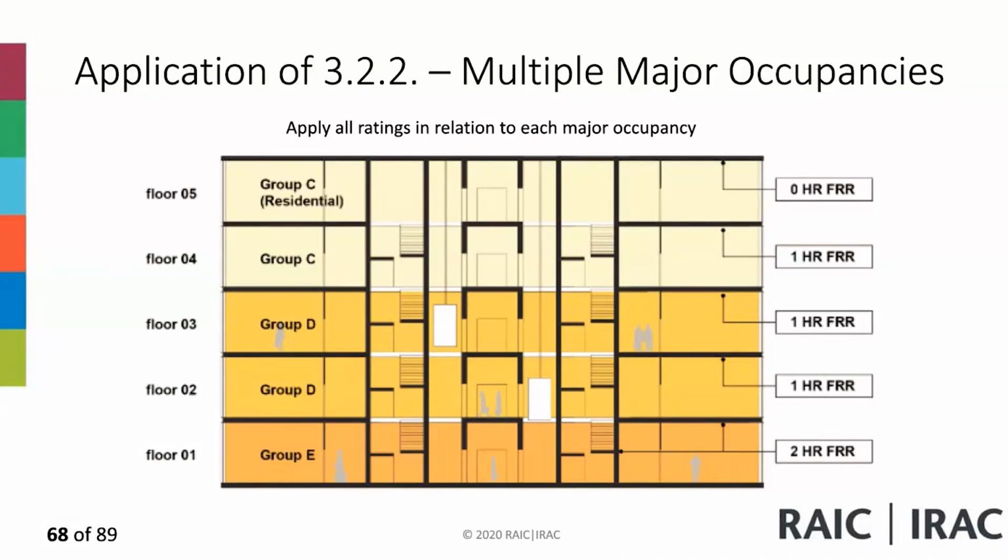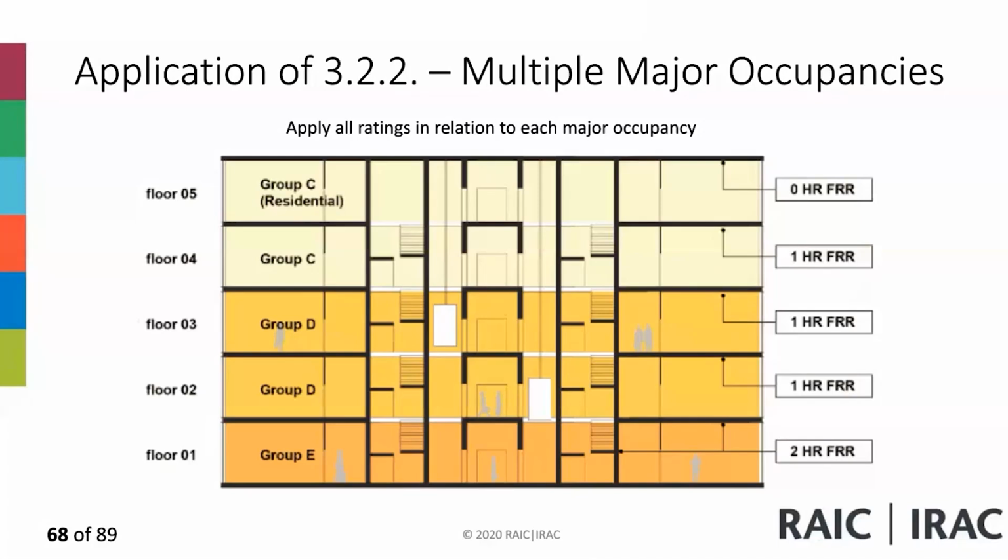There is another approach for parking garages to be considered like a separate building in 3212. That's another area that you might look into for buildings where you have a very large garage in terms of area, but you're stacking different buildings on top of it.